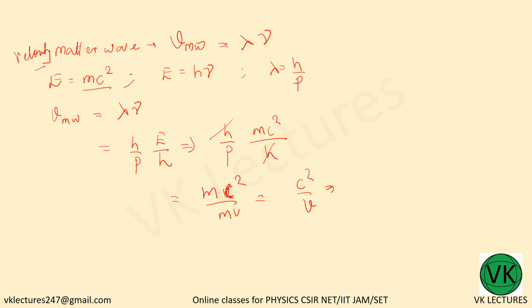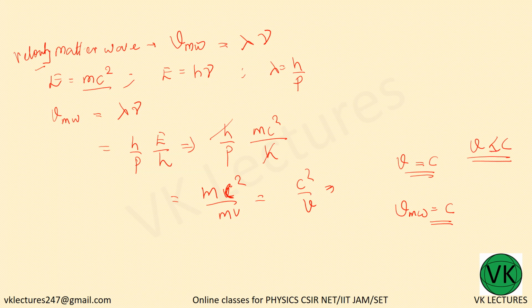Now what do you mean by this c square divided by v? If v equal to c, then velocity of the matter wave equal to c. But we always know this idea that v is always less than c. V cannot be equal to or greater than c.